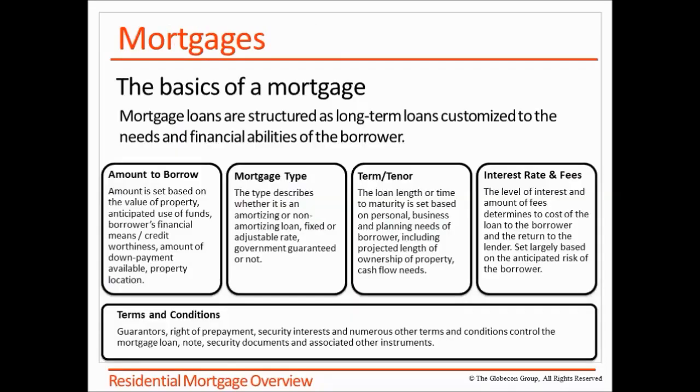So let's look at some of the basics of a mortgage. Mortgage loans are structured as long-term loans customized to the needs and financial abilities of the borrowers. But they all have common elements. The first is the amount to borrow.